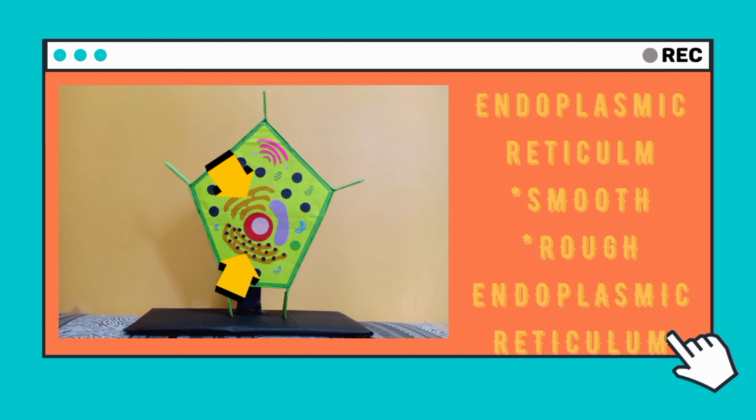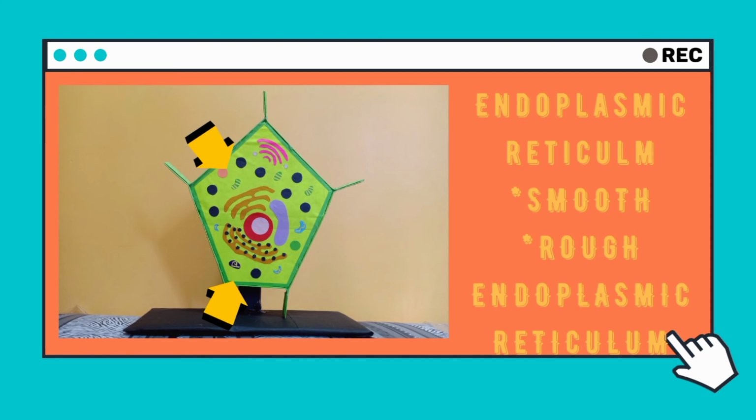Endoplasmic reticulum. The endoplasmic reticulum plays a major role in the production, processing, and transport of proteins and lipids. There are two types of endoplasmic reticulum, known as smooth endoplasmic reticulum and rough endoplasmic reticulum.